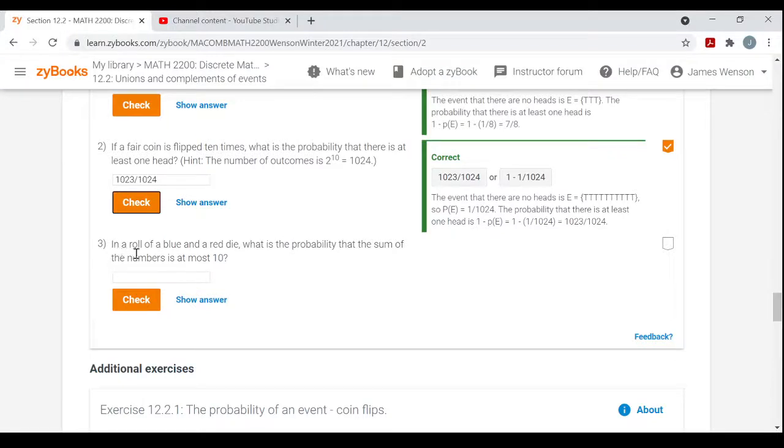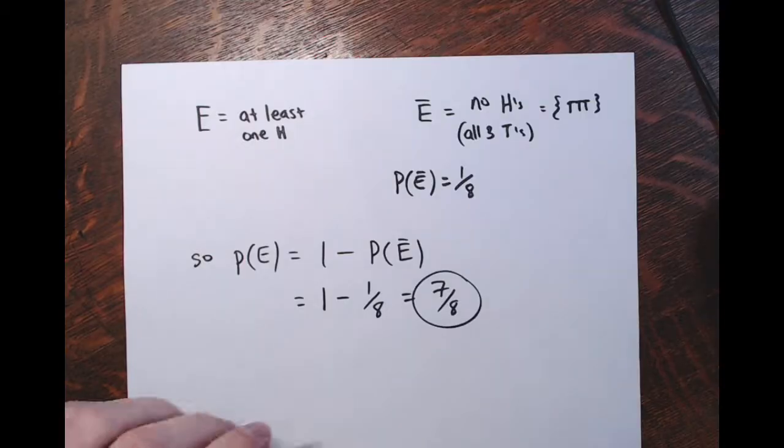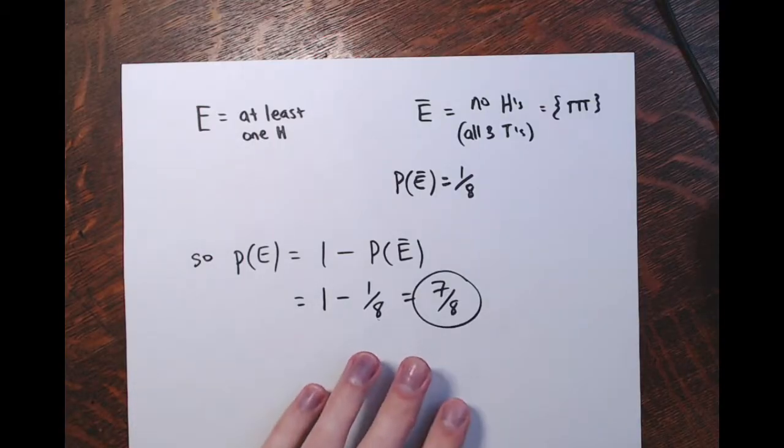Finally here, if a roll of a blue and a red die, what is the probability that the sum of the numbers is at most 10? All right, so you may recall from maybe section 12.1, you flip two dice. Now these are 6-sided dice.